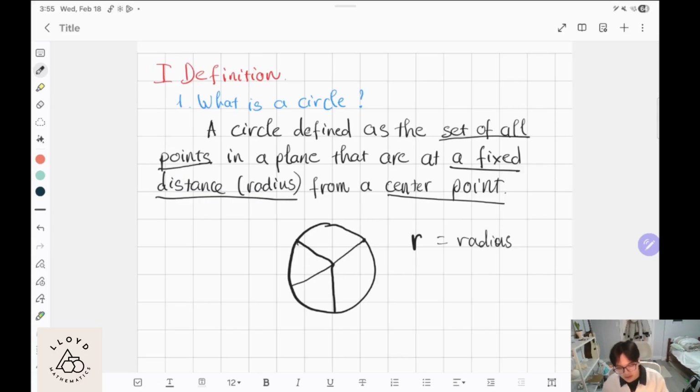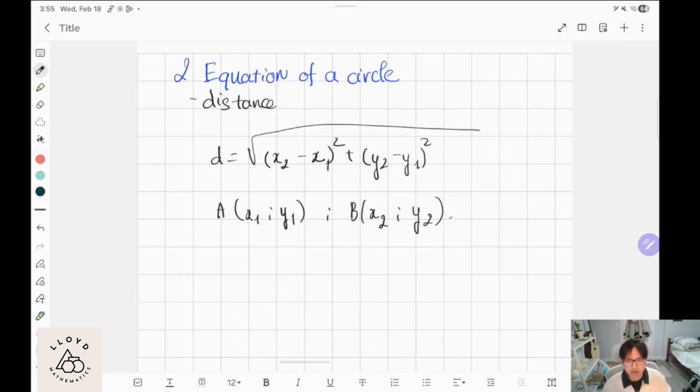Okay, and how can we create an equation of a circle? As you can see here, we already learned about the distance equation, right? The distance between two points A and B is the square root of x2 minus x1 squared plus y2 minus y1 squared.